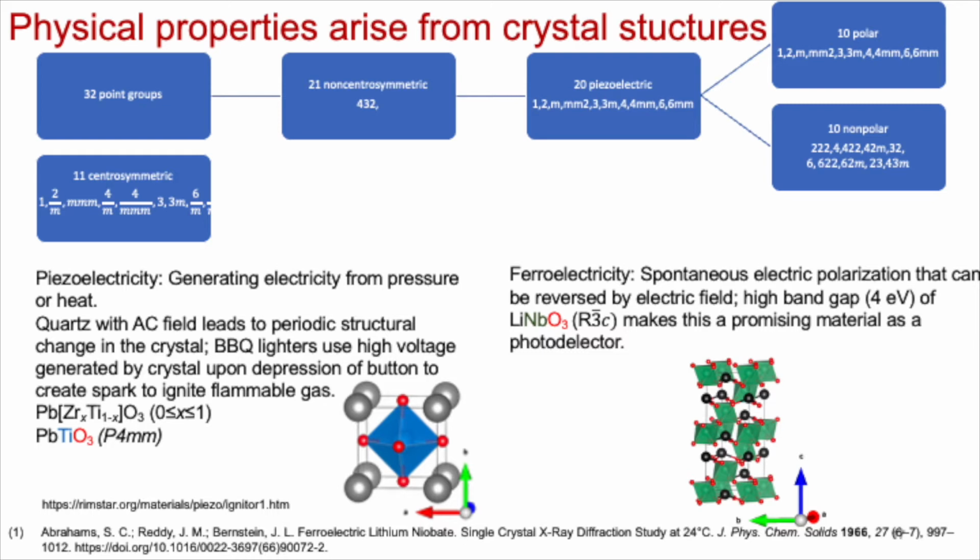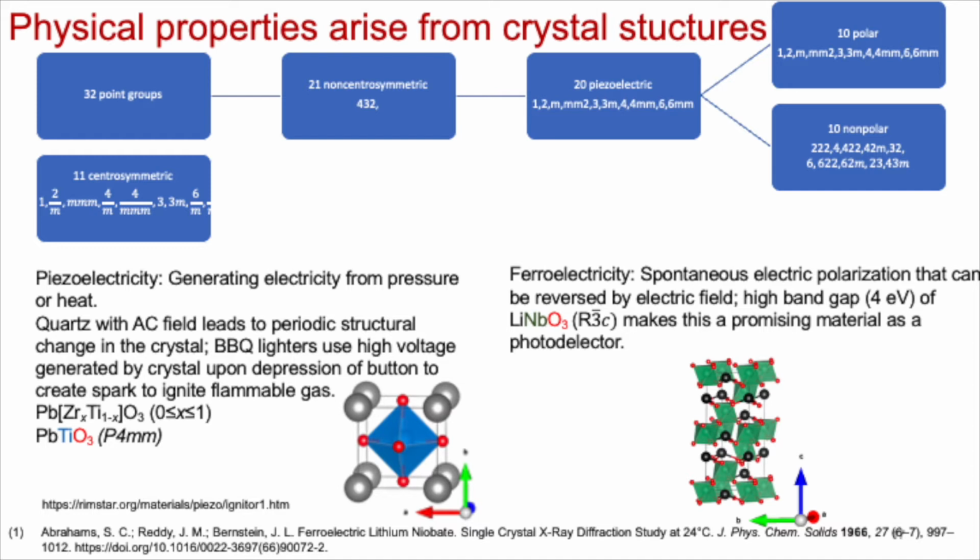What that means is that you can generate electric polarization that can be reversed by the electric field. And it has a huge band gap, relatively huge. Titania is like 3.5 eV, which is already huge on the scale of things, although now there's also 5 eV band gap material.